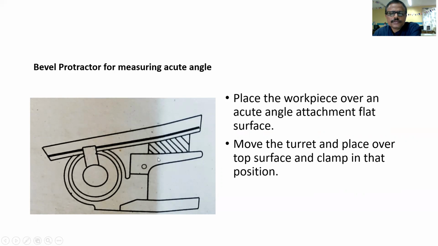Then move the turret, place it over the top surface and clamp in that position. So this is the arrangement. Now you can take the readings directly. All the angles less than 90 degrees can be measured using this acute angle attachment method.